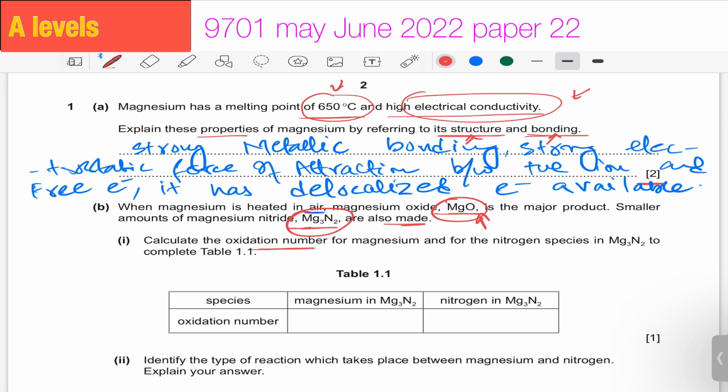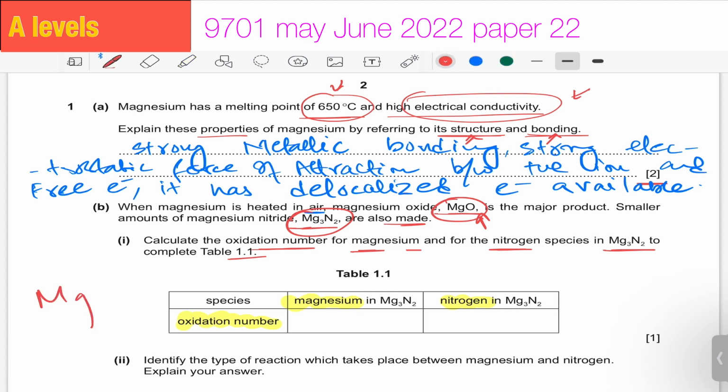Calculate the oxidation number for magnesium and for the nitrogen species in magnesium nitride to complete table 1.1. Right, so we just have to write the oxidation numbers. So it is a very simple question.